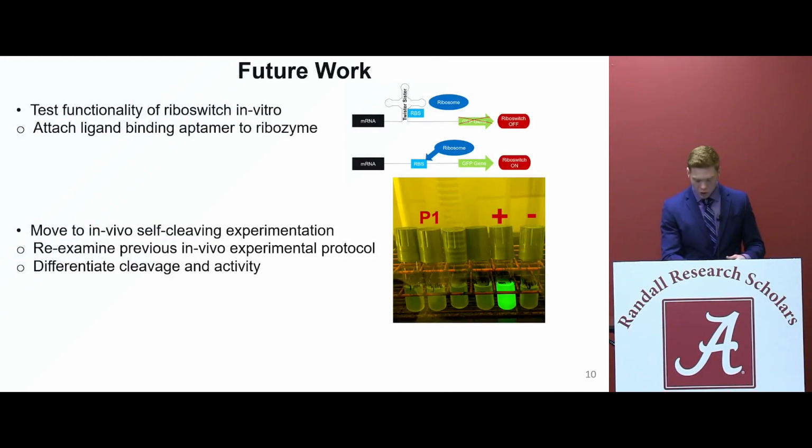Yes. So looking here at the positive and negative controls, these were extremely critical in this test. As I mentioned before, with the positive control, we need to visualize the fluorescence the GFP gene causes when it is expressed, and what that looks like as a comparison to our ribozyme, our P1 vial here.